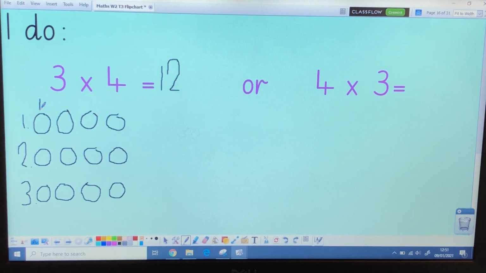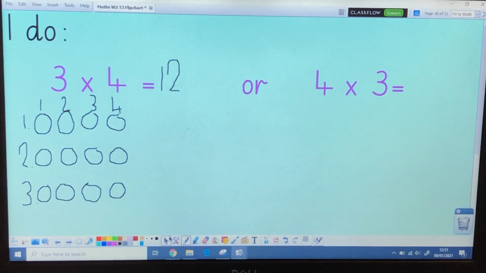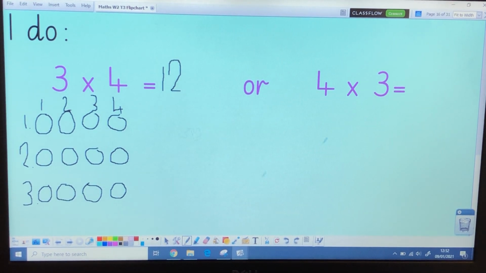So here I've got 1, 2, 3, and 4. 4 groups, and here's 3 in each. Should we count them up and see how many circles we've got this time? What's the answer to 4 times 3? 1, 2, 3, 4, 5, 6, 7, 8, 9, 10, 11, 12. So we've got the same answer.